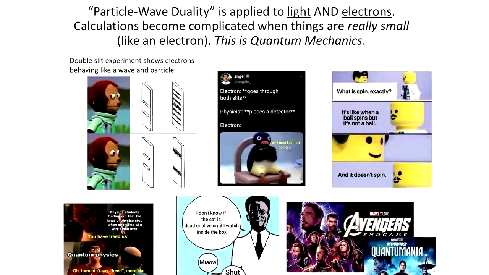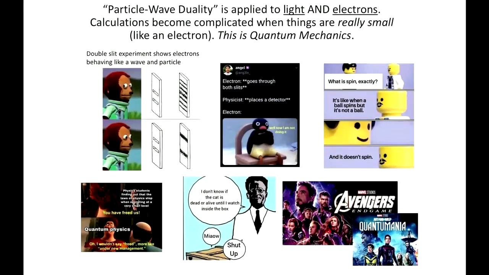Okay, so this chapter has a lot of concepts, and I feel like these concepts are the basis of a lot of comics and memes. Like, I'm a frequent lurker on the subreddit physics memes. They're very active. And so if you go on the physics memes subreddit, like half of them are about the double slit experiment, the particle wave duality of an electron.